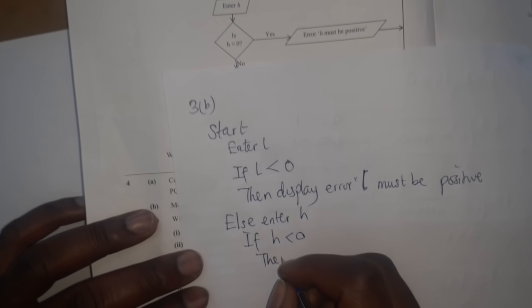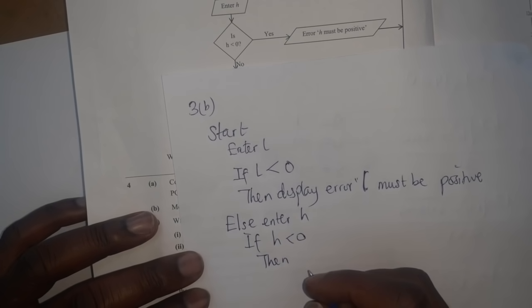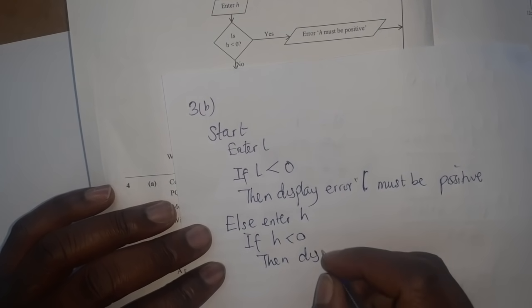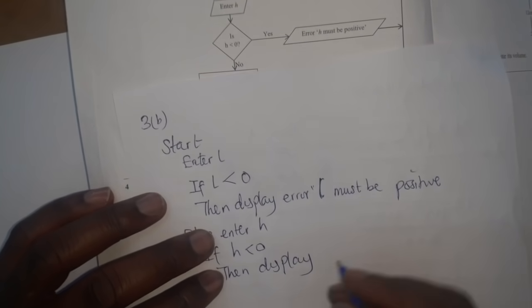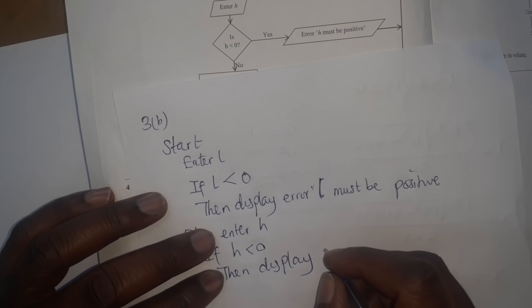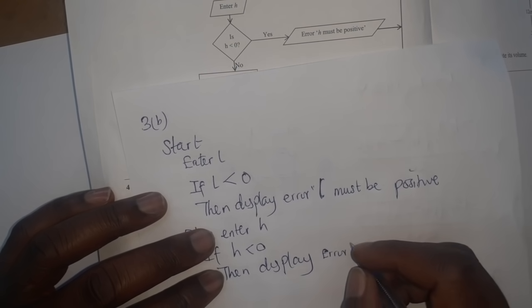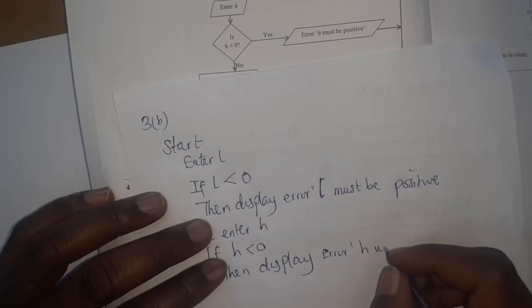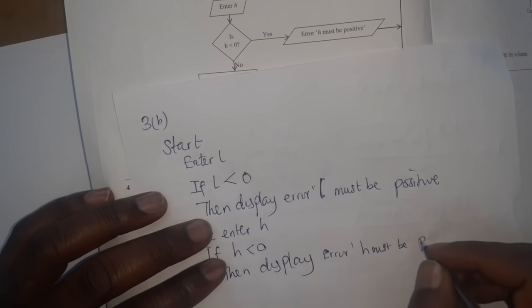Then we say then display error, display this error, which is H. Then you say display error and H must be positive.